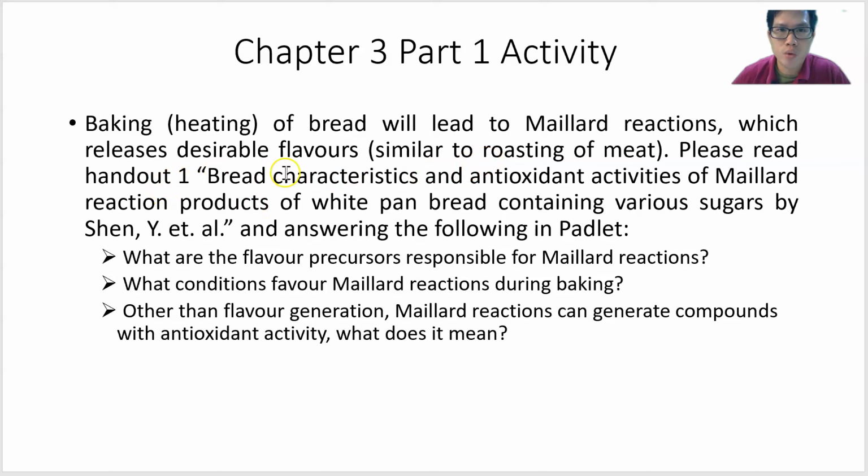Please read handout 1: Bread character and antioxidant activity of Maillard reaction products of white pan bread containing various sugars, by Shen Y et al. After reading it, I want you to answer in the palette. If you have no question, you can say no question, and then answer these questions. If yes, you have a question, you can say so and also answer from there.